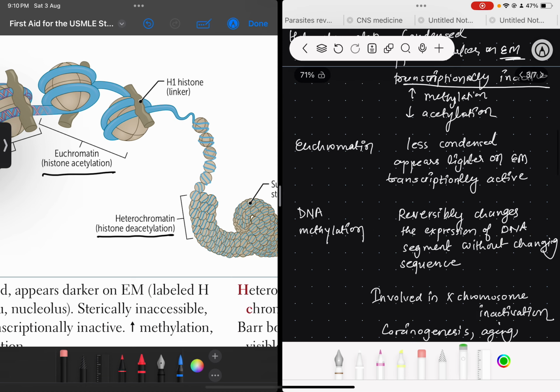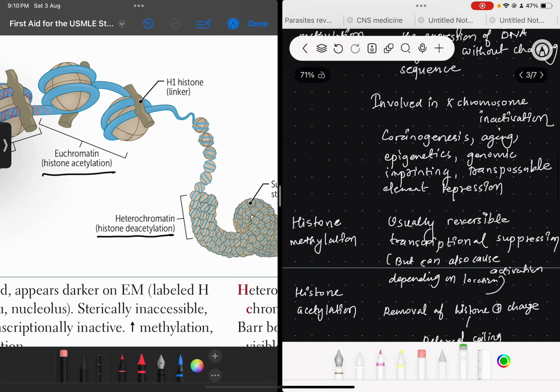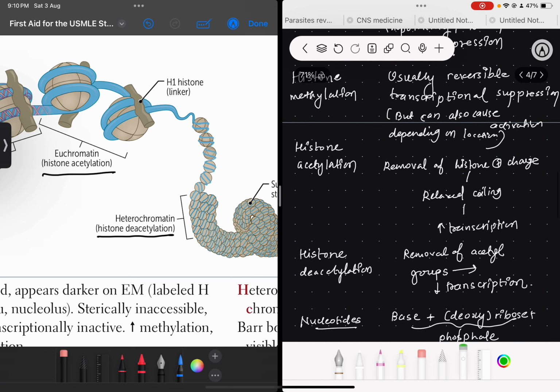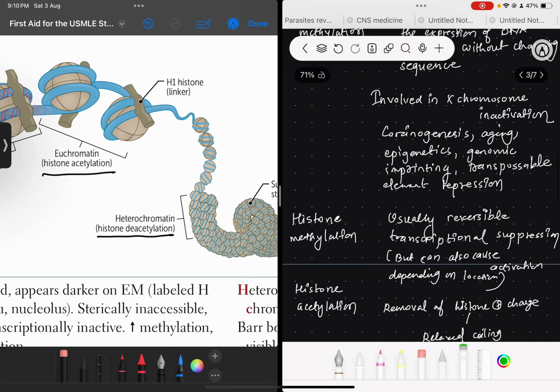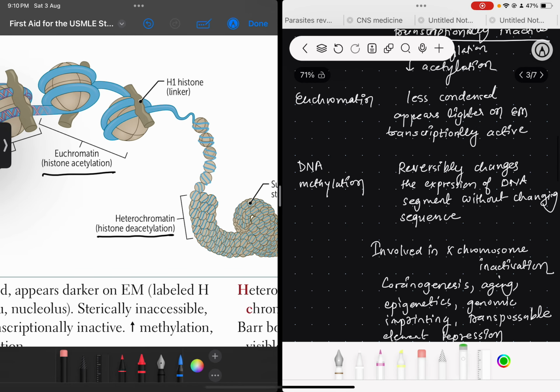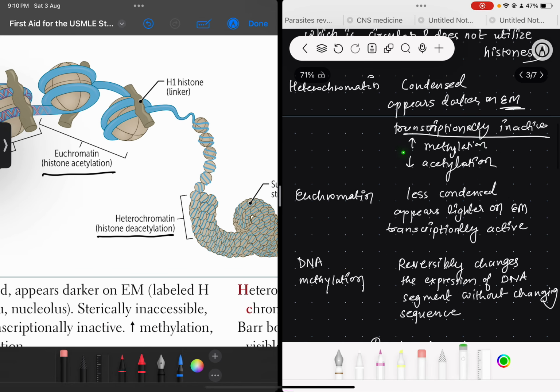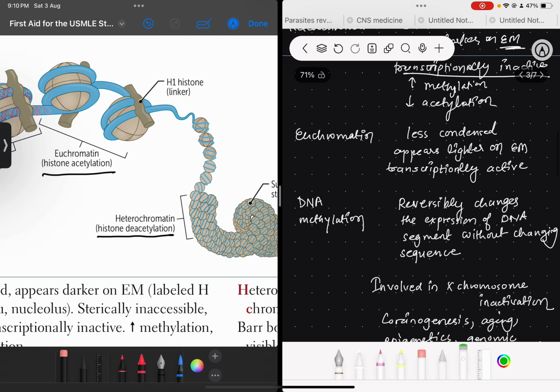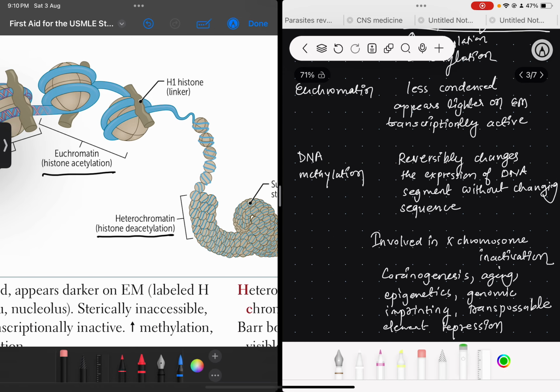Now we have to learn about methylation and acetylation. We have to learn DNA methylation and histone methylation, acetylation and deacetylation, and how they affect transcription. We will come back to this part. First, let's see four points. DNA methylation reversibly changes the expression of a DNA segment without changing the sequence.